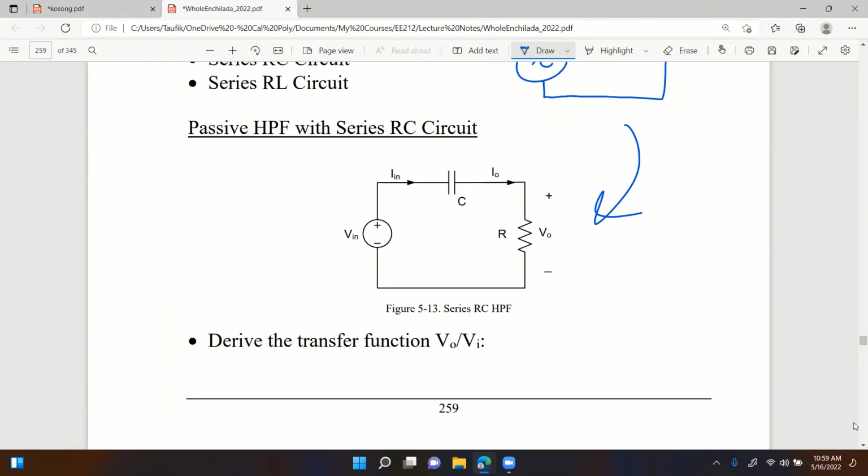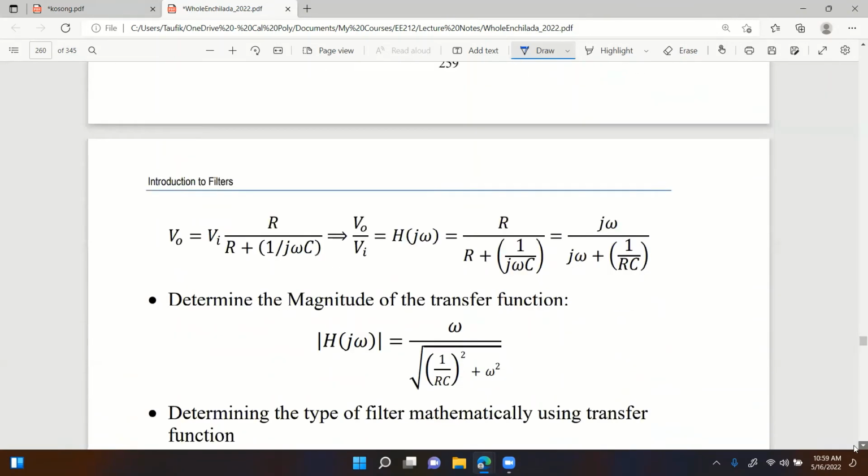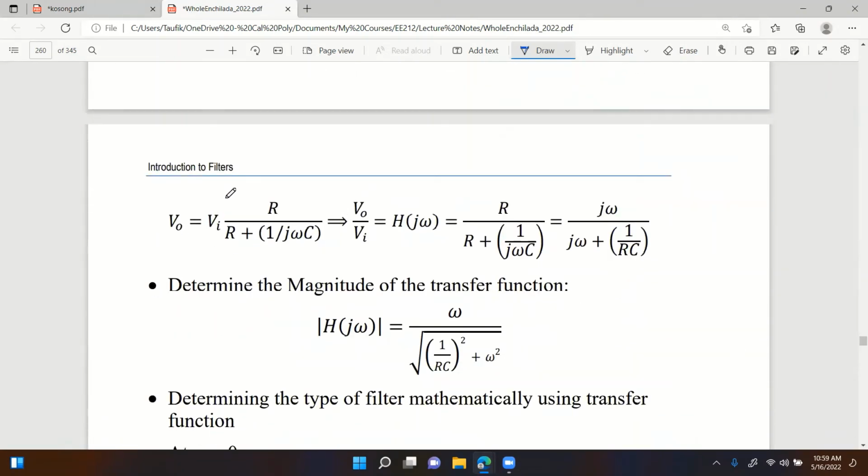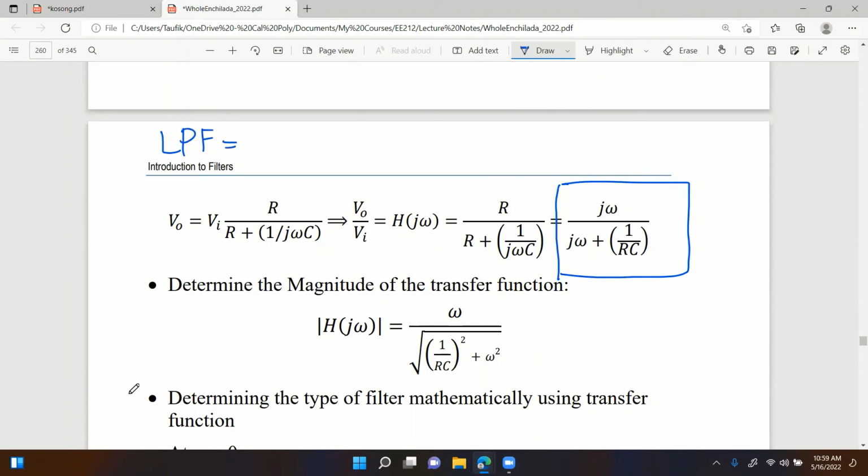How do I know this? Well, if you derive the transfer function, just like I did before, and then rewrite it this way. Any reason why? Now you should know why I rewrite it this way. For a low pass filter, the general transfer function follows k omega c over omega c plus j omega. For a high pass filter, it follows k j omega over j omega plus omega c.